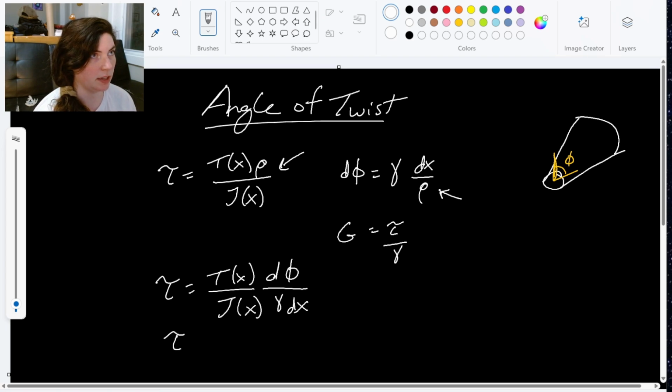I could say my shear stress is that torque, polar moment of inertia, d phi over dx, and then that gamma.